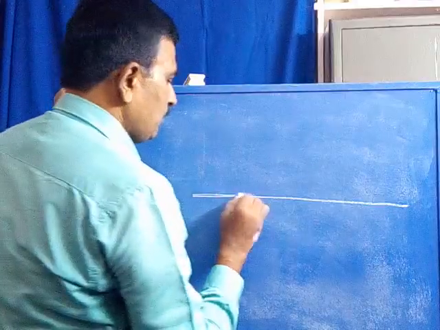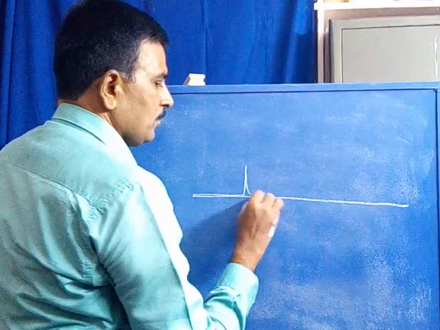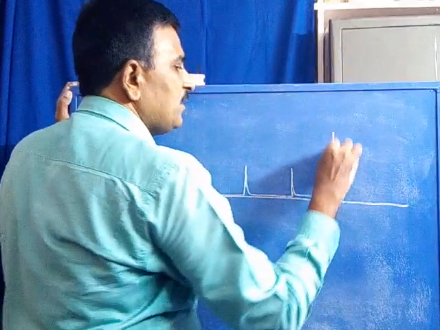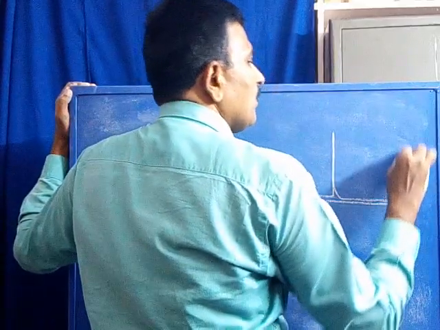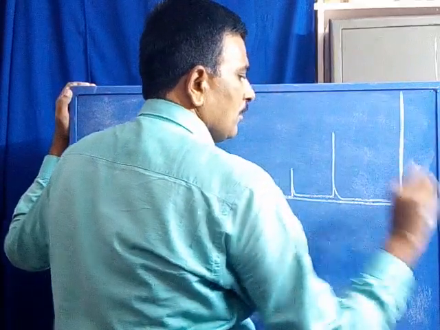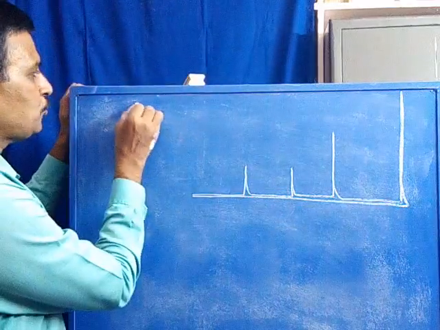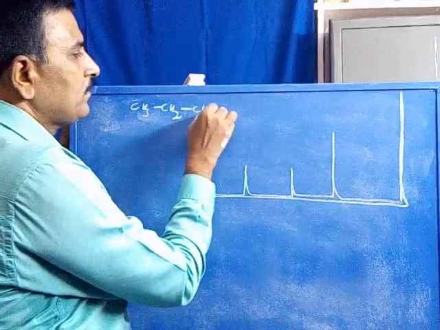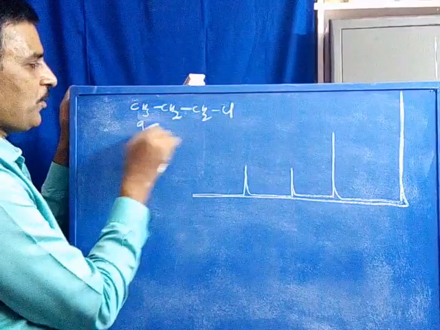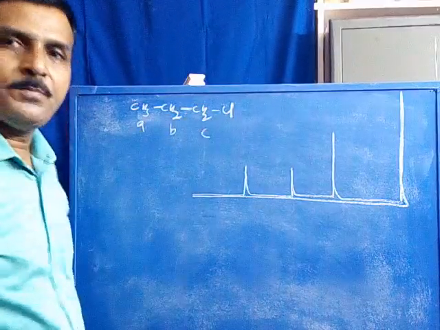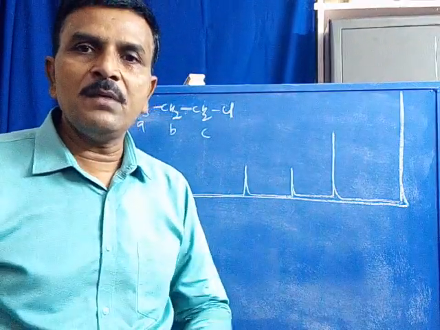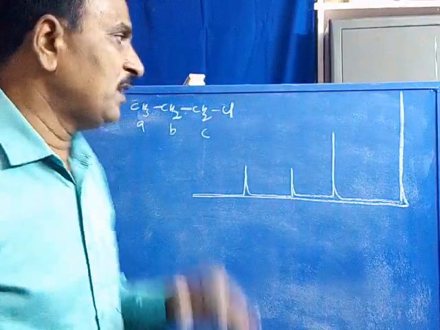Now we have signals like this. We have chosen a sample, N-propyl chloride. This is A proton, this is B proton, this is C proton. So the sample is mixed with 1% TMS, dissolved in a suitable non-protic solvent, and the spectrum is recorded.